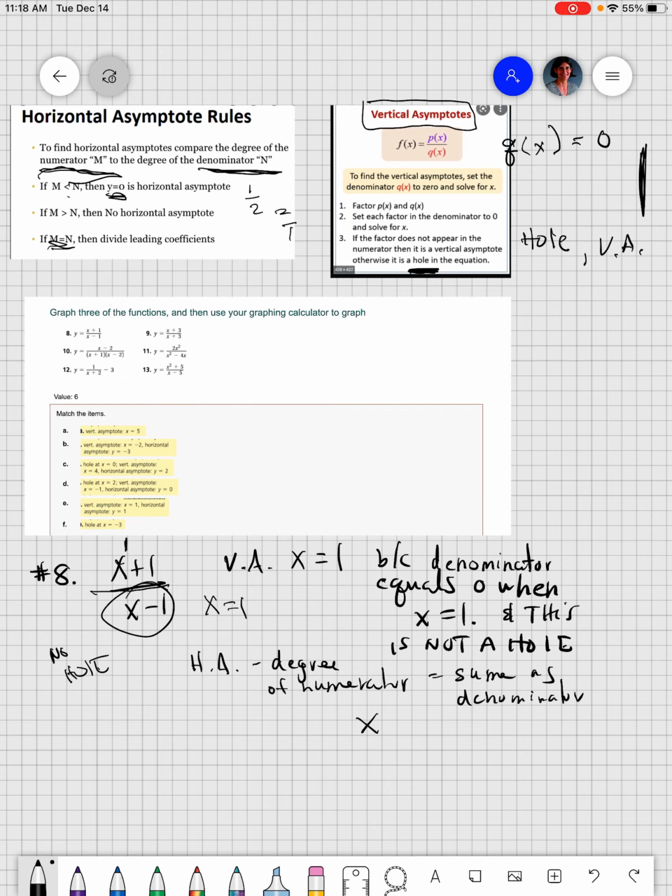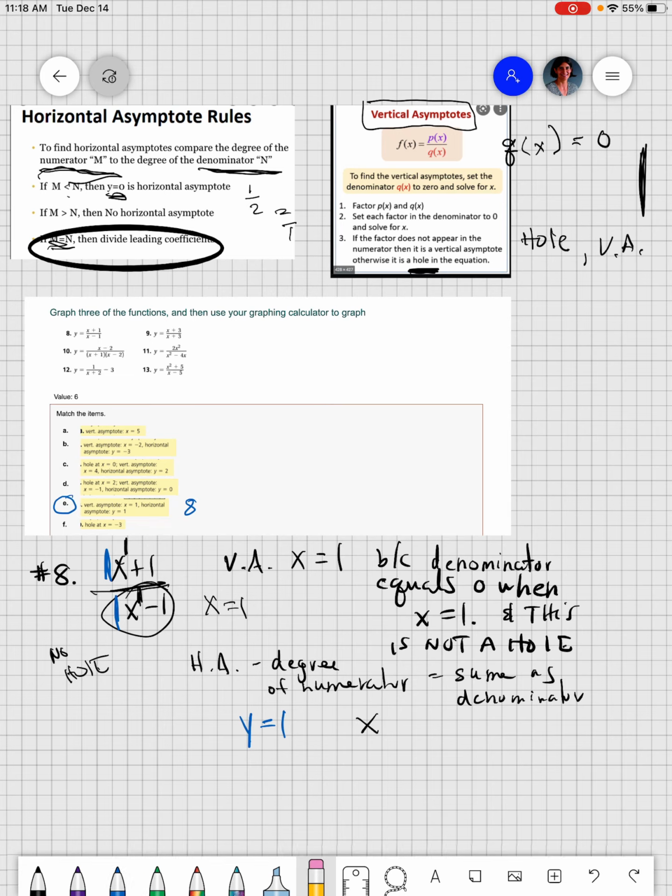And the degree of the numerator is 1, the degree of the denominator is 1, and that's what this talks about, the leading coefficients, right? I don't have any values here, so that means they have to be 1, which means my horizontal asymptote has to be y equals 1. It's those leading coefficients, and we can see that E goes with 8.